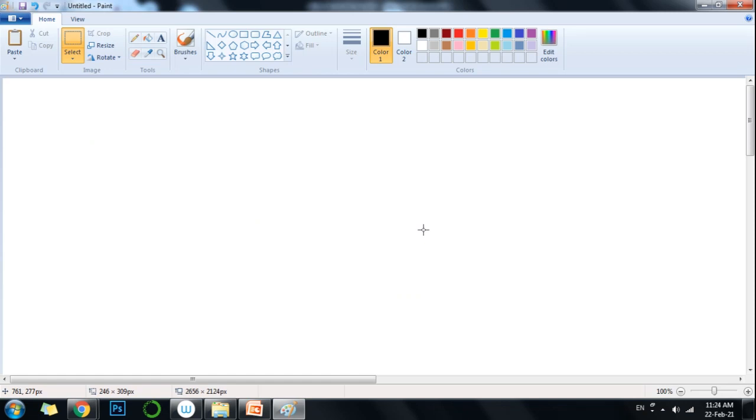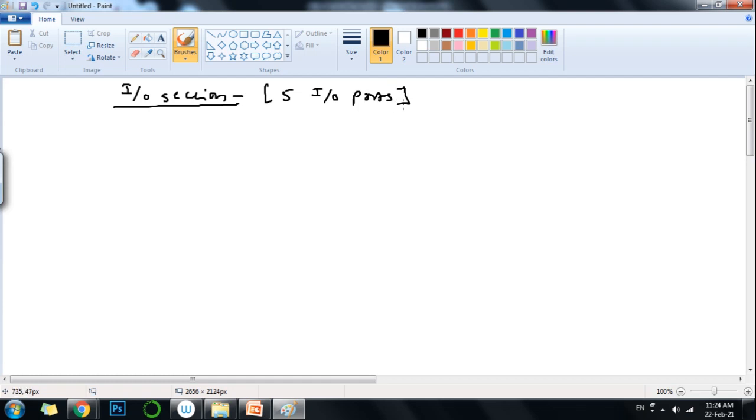What we are discussing now is the IO section, the input output section. You know that there are 5 IO ports in this microcontroller. They are named port A, B, C, D and E. We have seen that port A is a 6-bit port.